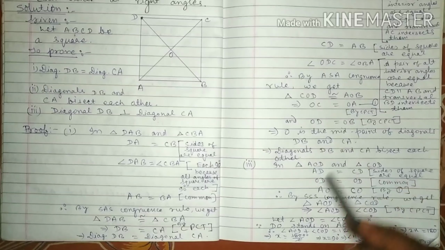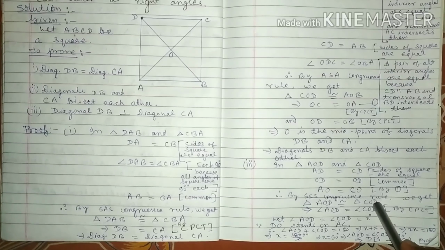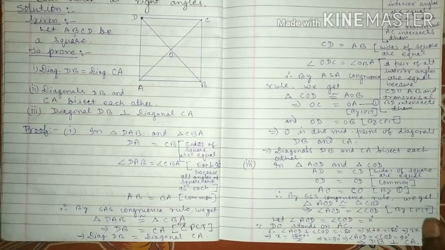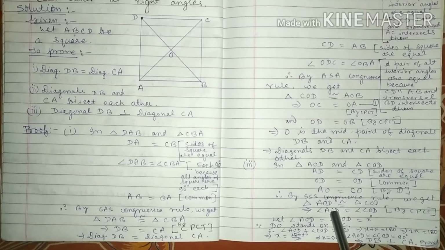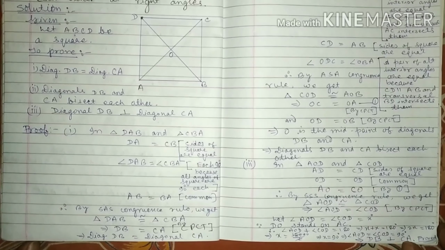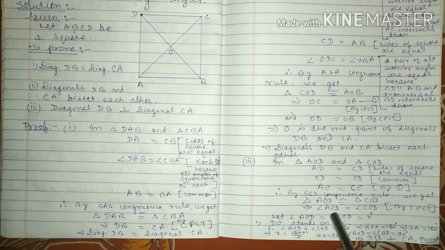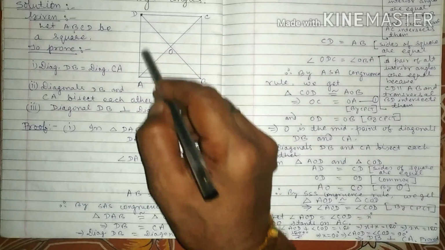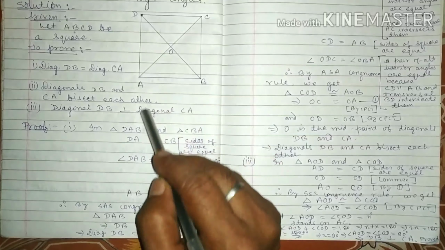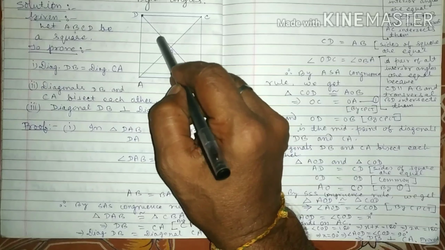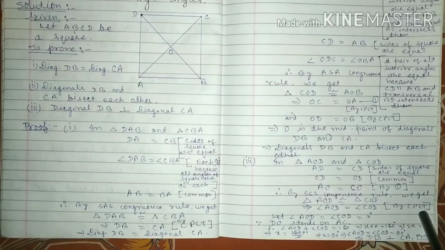Therefore, by SSS congruence rule, we get triangle AOD is congruent to triangle COD. This implies that angle AOD equals angle COD by CPCT.